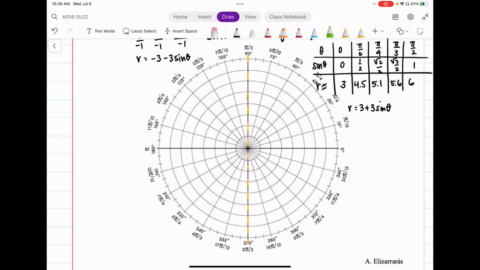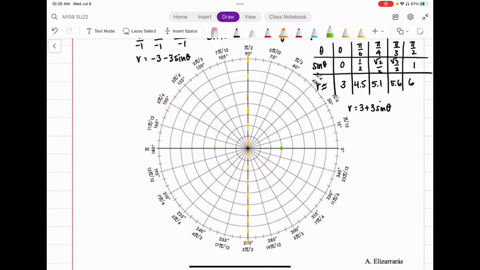At theta equals 0, I'm going to go out to the third circle because r is 3. And I'm also going to mirror that on the other side of the graph at pi, 3 out. It's as if you're folding the paper at that dotted gold line and you're putting the dot exactly in the same place on the other side. At pi over 6, I'm at 4.5, so I'm going to be between the fourth and the fifth circle.